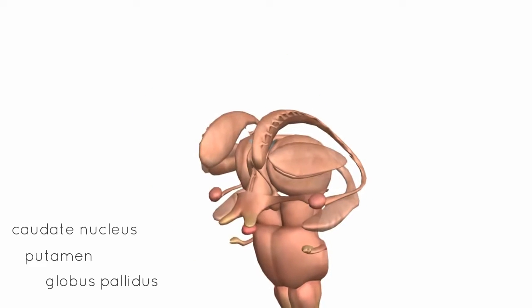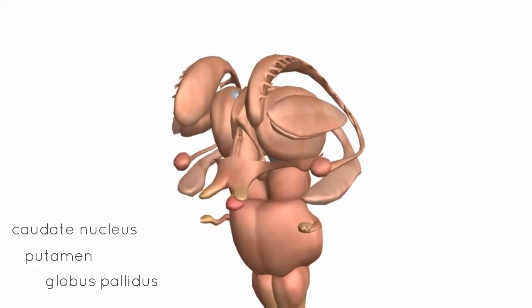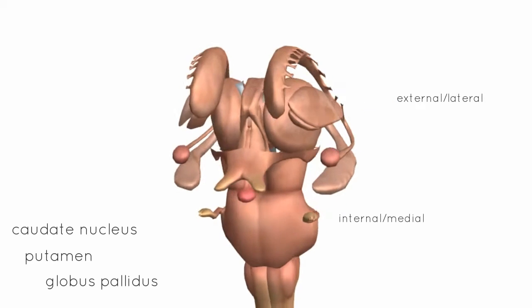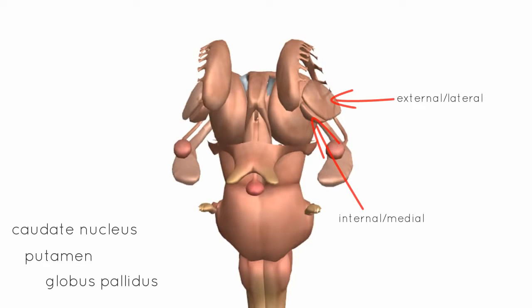I've just faded away the various structures, so you can see the globus pallidus, which has an internal and external, or lateral and medial, part. So the globus pallidus is these two structures, the lateral and the medial globus pallidus. These structures sit medial to the putamen.